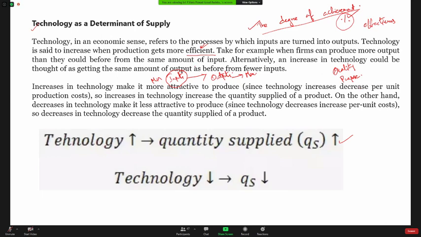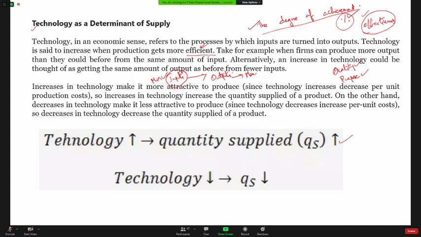So no matter how efficient the manufacturer was, if the purpose is not served and the quality is not fulfilled, then effectiveness is missing. I hope now you got the difference between efficiency and effectiveness.